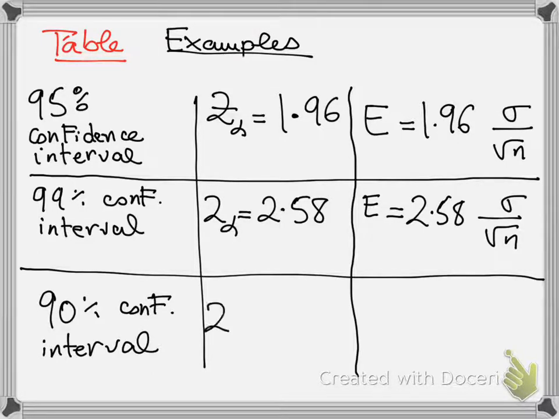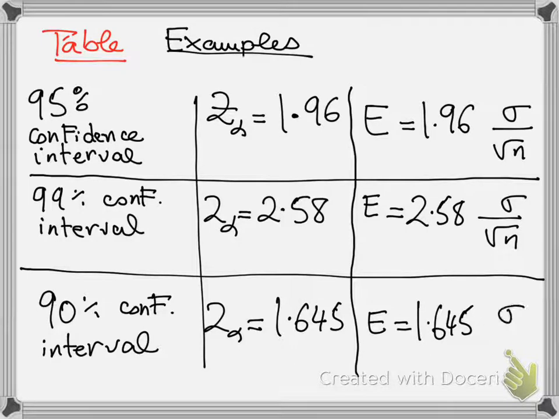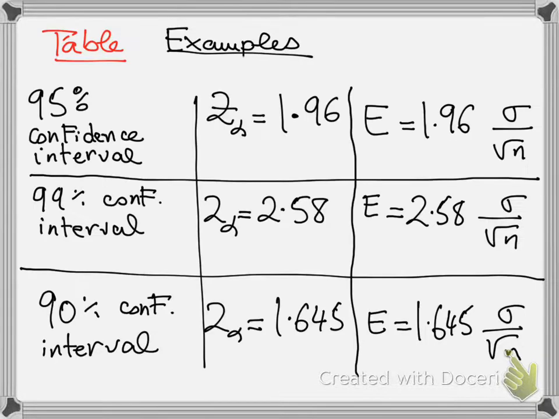Then this z alpha is equal to 1.645, and so the error E would be 1.645 times sigma over square root of n. Okay, so before explaining how to get this critical value z alpha, let me do a numerical example.